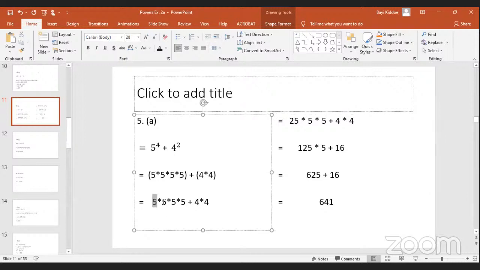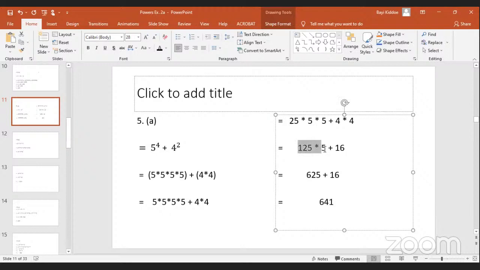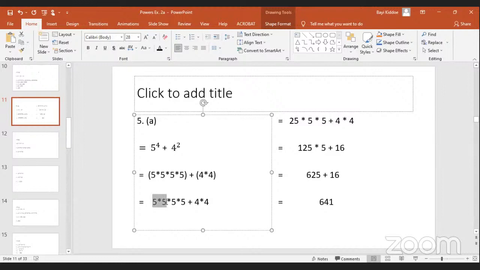So it's 1 multiplication here, 2 multiplication here, 3 multiplication here. You see that? 5 times 5, 25. Times 5. So the 5 appears 4 times, but because we're pairing it each time we multiply, we pair this first, and we get 25.